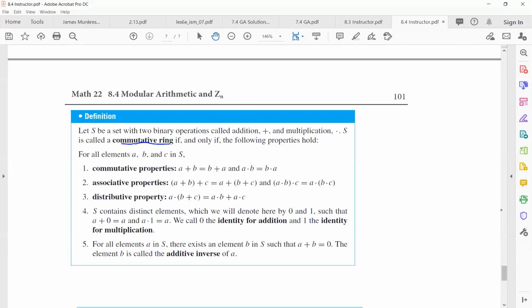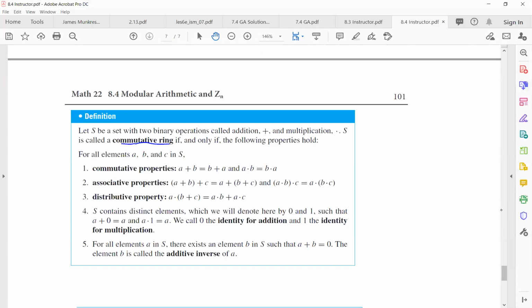Also, multiplication is commutative. a times b is equal to b times a. For both of these operations, you have the associative property. (a plus b) plus c is the same as a plus (b plus c), and (a times b) times c is the same as a times (b times c).